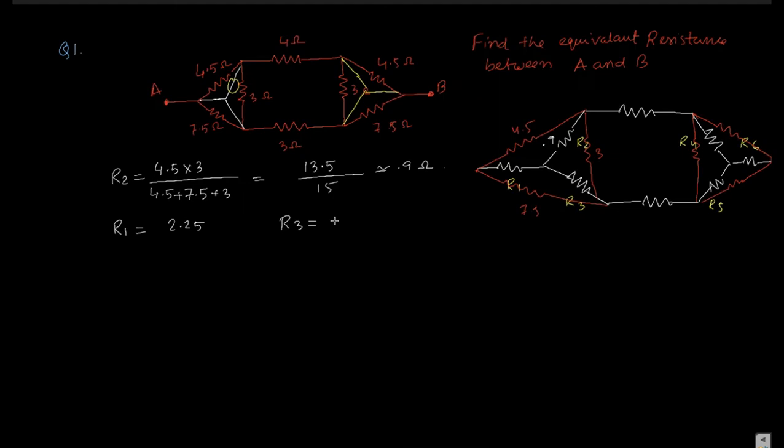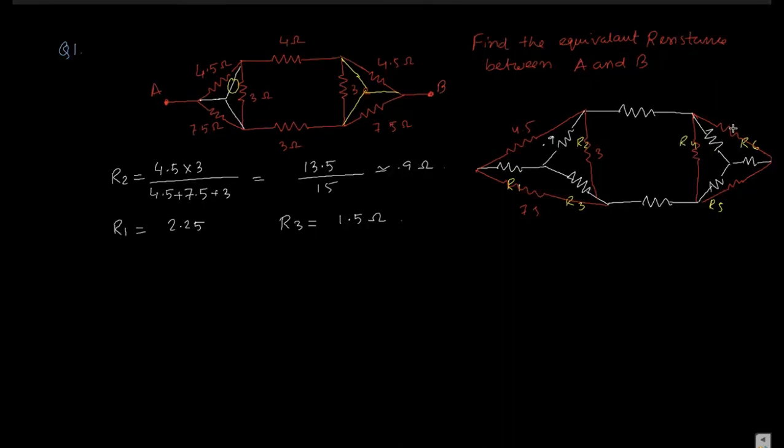And R3 becomes 7.5 into 3, 22.5 divided by 15, this is 1.5 ohm. This will also be the same because the resistance is the same. So R4 becomes how much?